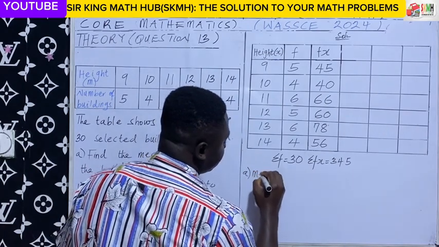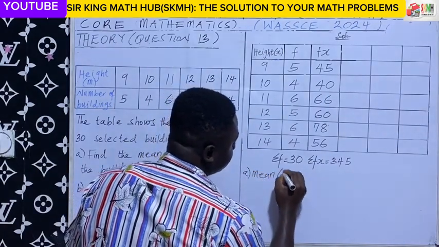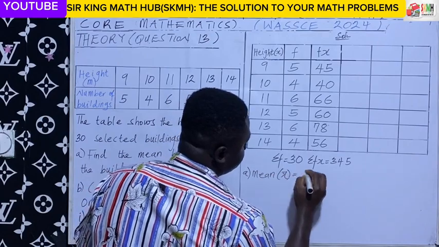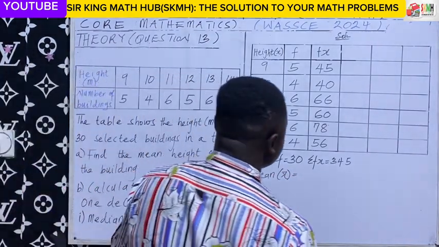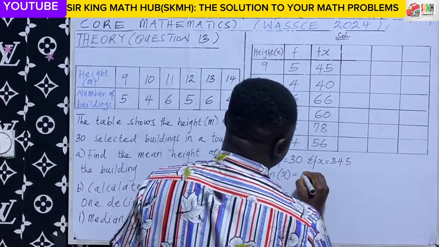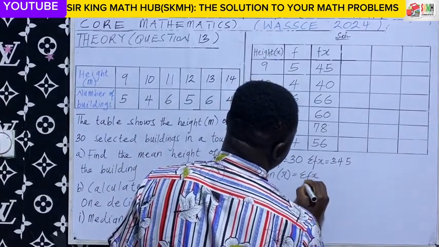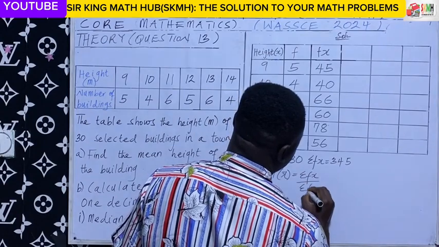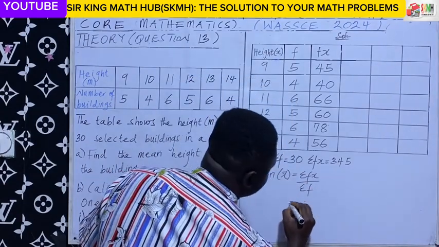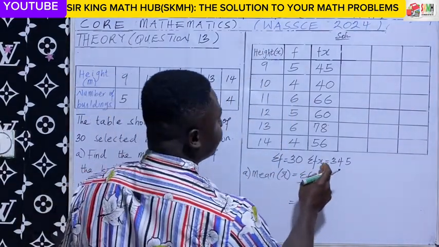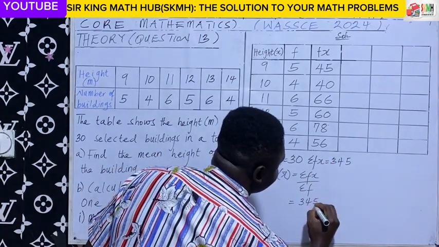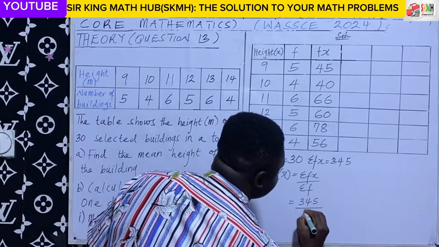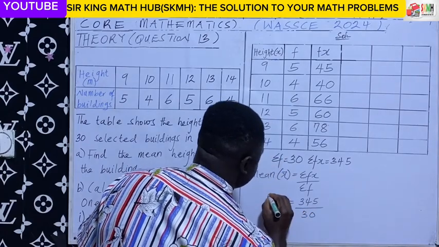A. We know that the formula for calculating the mean is summation Fx divided by summation F. So we can do the substitution. We know summation Fx is 345, and summation F is 30.